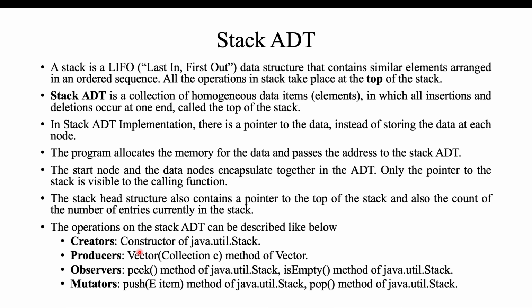So creators, basically we have java.util.stack constructors, then producers we have vectors, methods of vector, observers there is a peek method, then isEmpty method which is there in java.util.stack, mutators there is a push item method of java.util.stack or the pop method of java.util.stack.